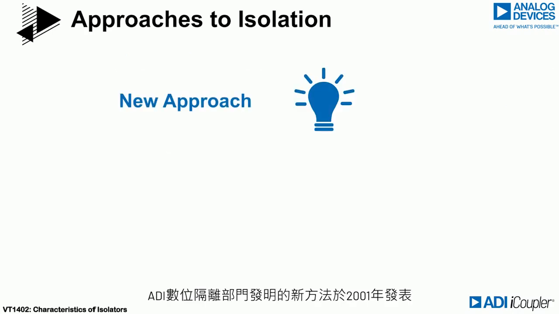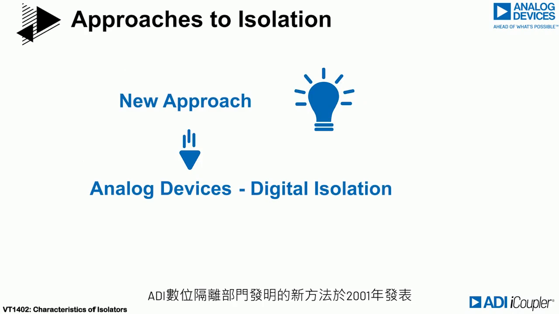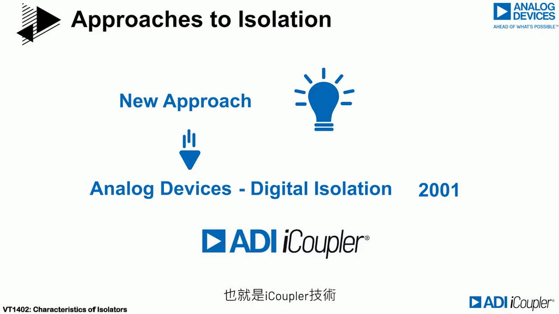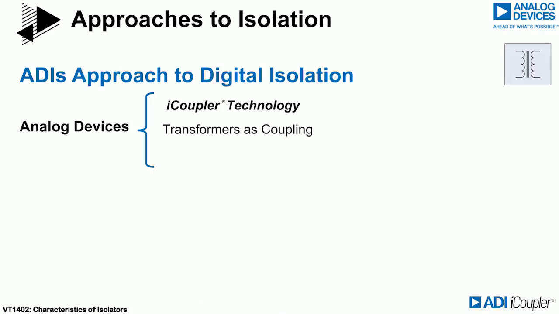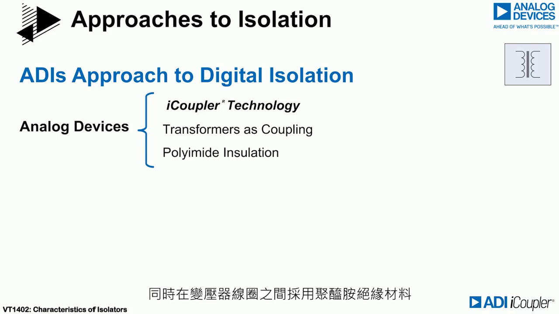A new approach invented by Analog Devices, digital isolation, was introduced to the market in 2001 as iCoupler technology. These devices use microtransformers fabricated on chip as the coupling element, with polyimide insulation between the transformer coils.